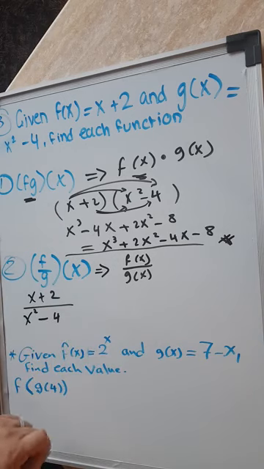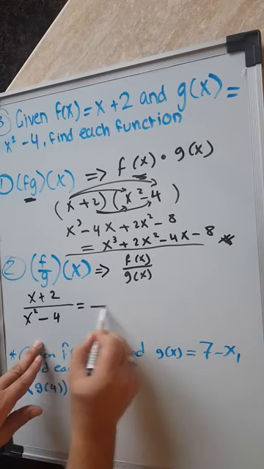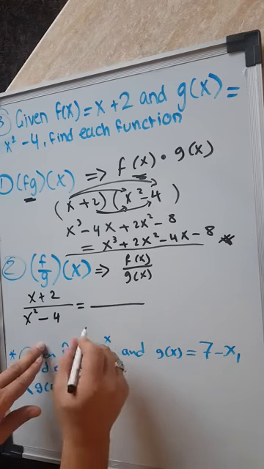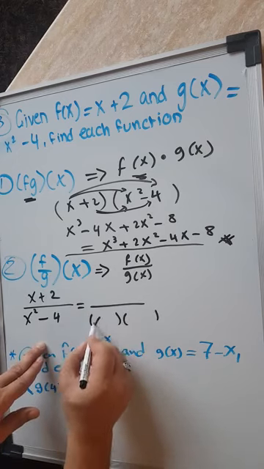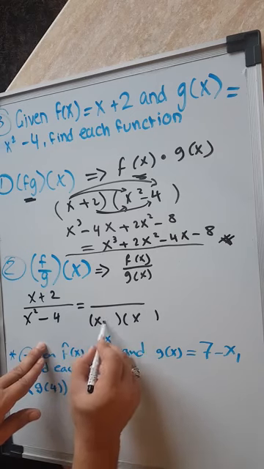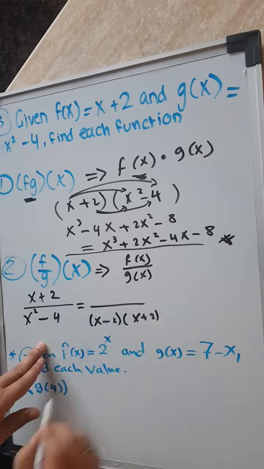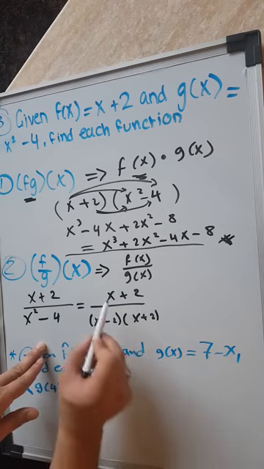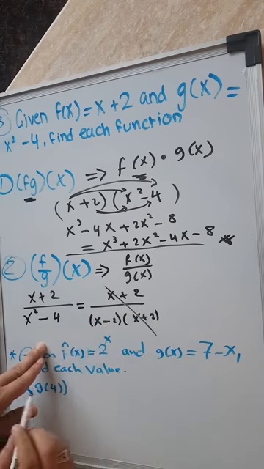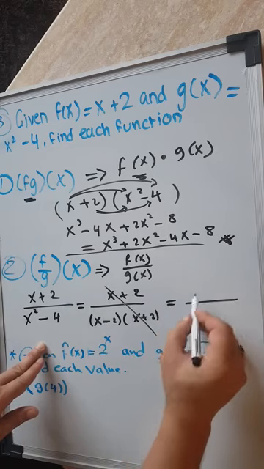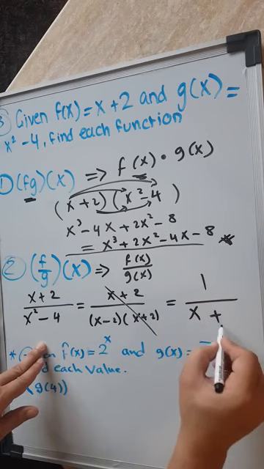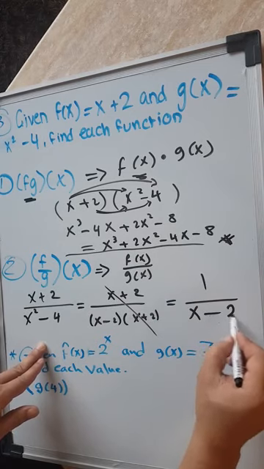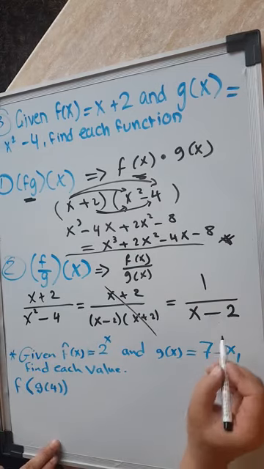Can we do simplification for this one? Yes, we can factor this one. It is a difference of two squares. So it is two brackets, x minus 2 and x plus 2. And this is x plus 2, the same. These two are the same, so we can cross them out. So what do we have left? 1 over x minus 2. Done.